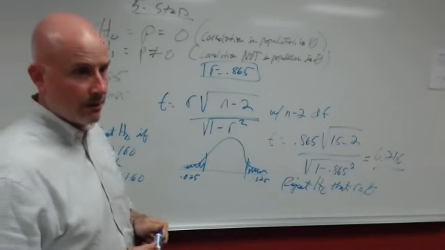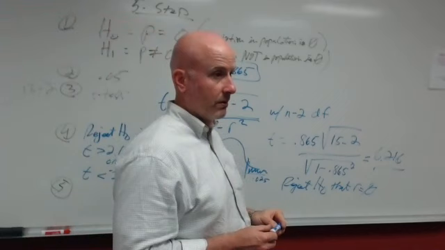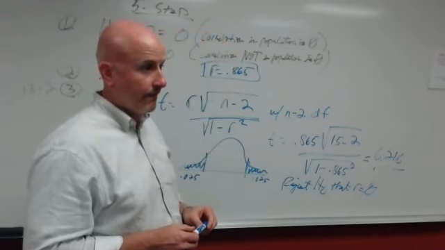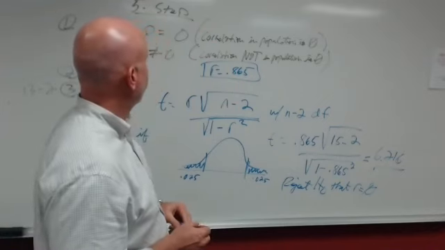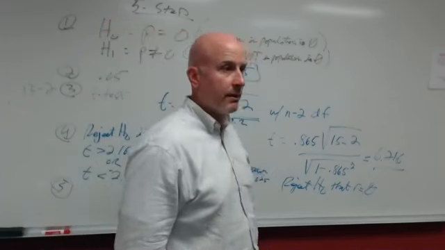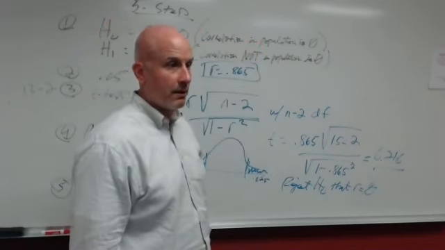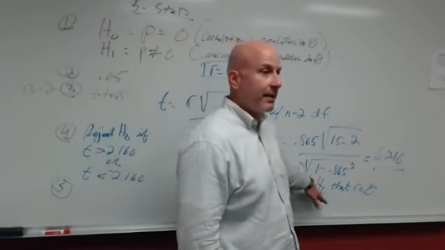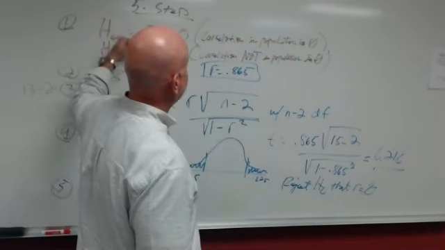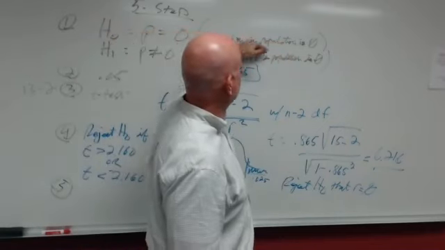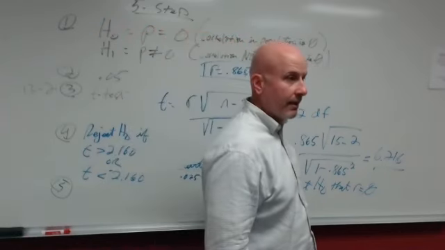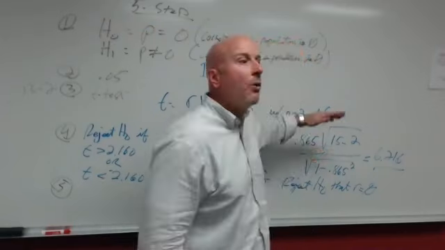If we reject it, we would say that there is correlation. So it is significant. We're rejecting that there is no correlation. We're rejecting our null hypothesis, and our null hypothesis is that the correlation in the population is 0. And we're rejecting that.